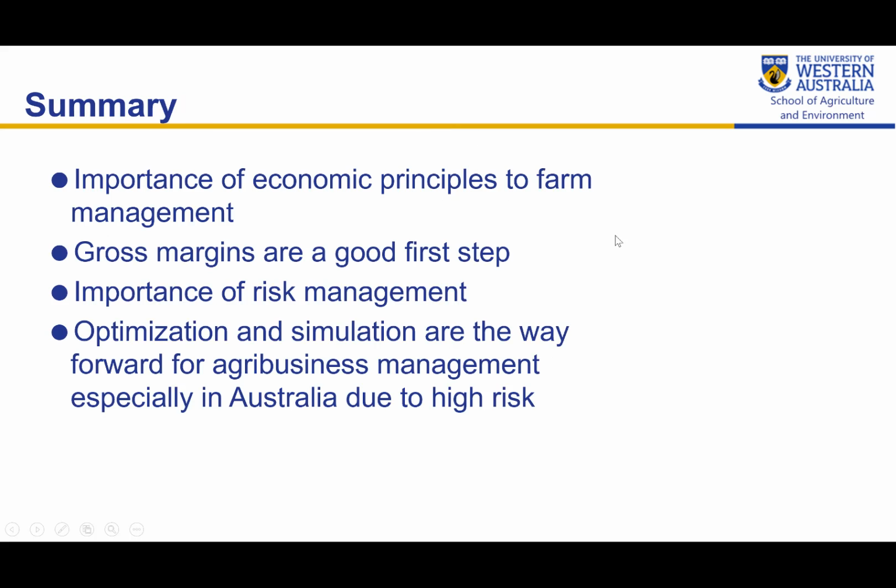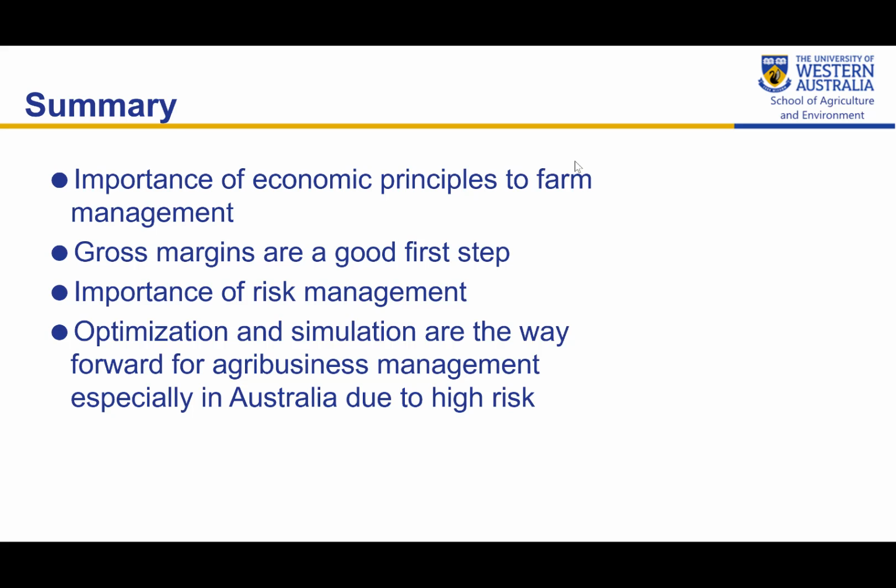So just to summarise the three topics, I'd just like to emphasise the importance of economic principles to farm management. The reason for planting crops is basically to maximise profit. Gross margins are a good first step in that they introduce some economic principles, and they're giving a return to the fixed resources.